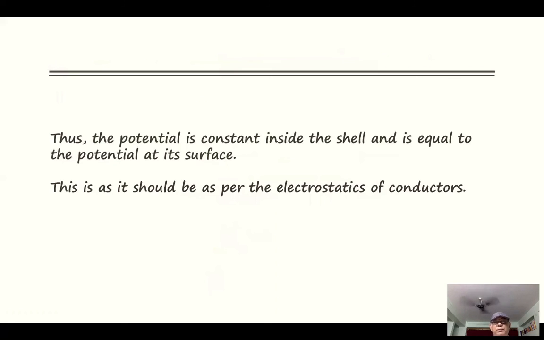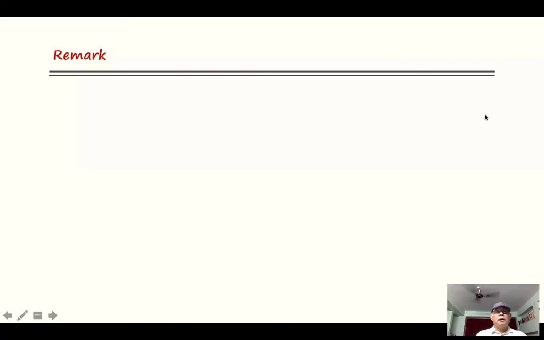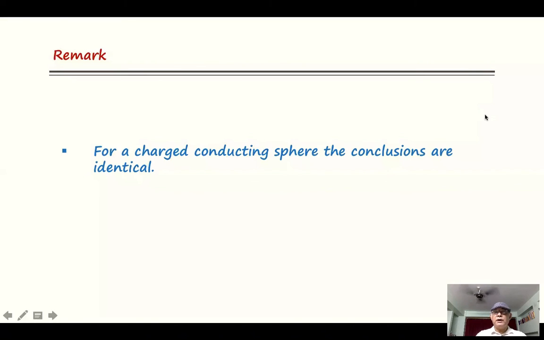This is as it should be as per the electrostatics of conductors. Remark: for a charged conducting sphere, the conclusions are identical. I leave it as an exercise for you.